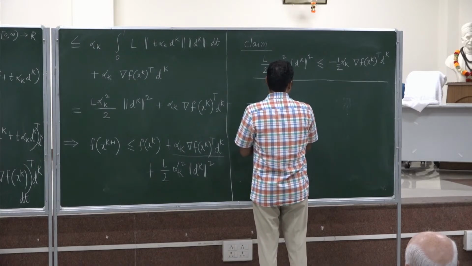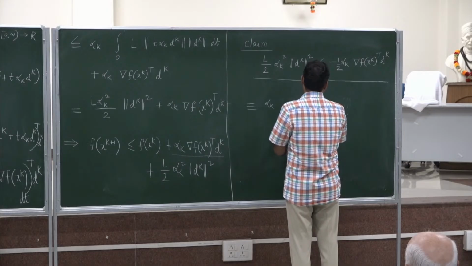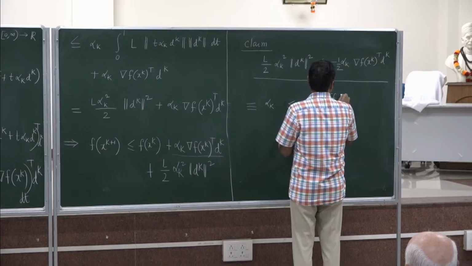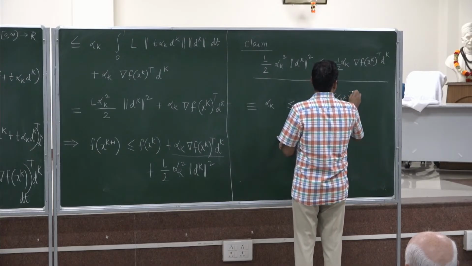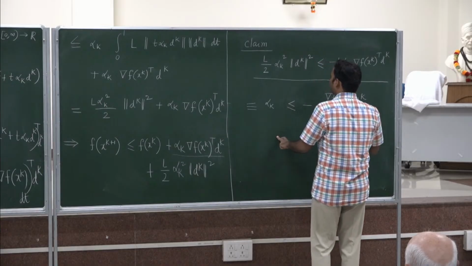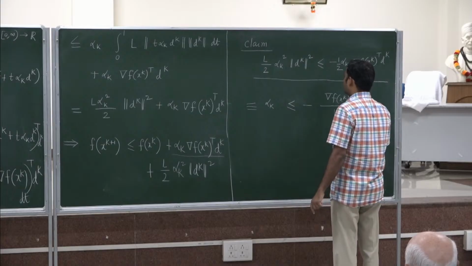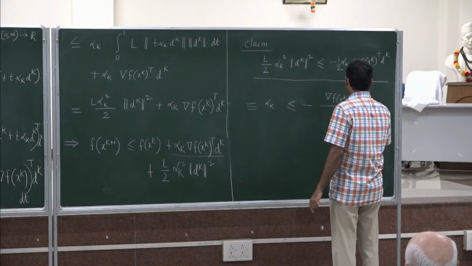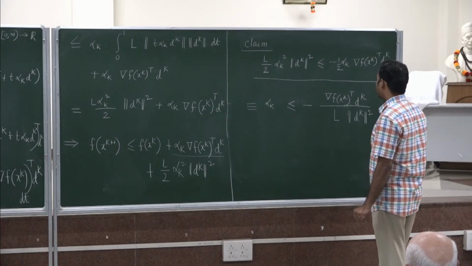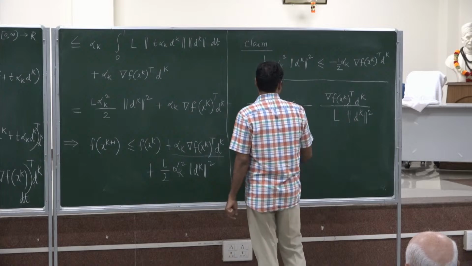So this will be less than equal to minus gradient of f(xk) transpose dk divided by L norm of dk square. No term is missed, right? Alpha k. So this is equivalent to this one.